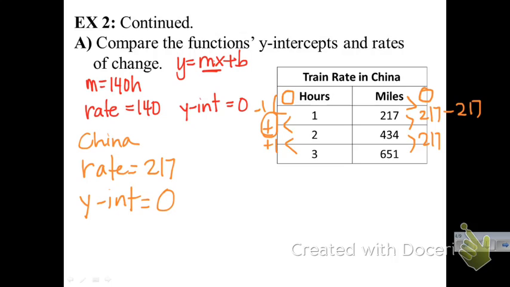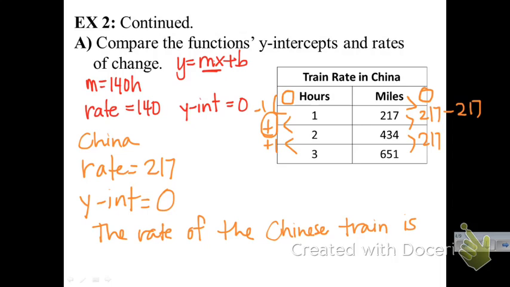So it says to compare them. When we compare them, it looks like they have the same y-intercepts, so we would say that the rate of the Chinese train is much faster than the Japanese train.